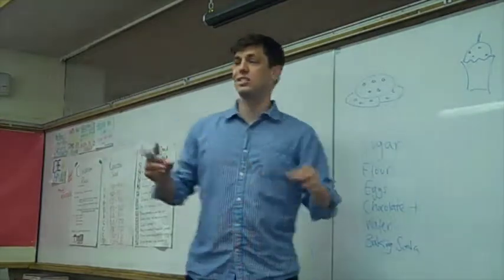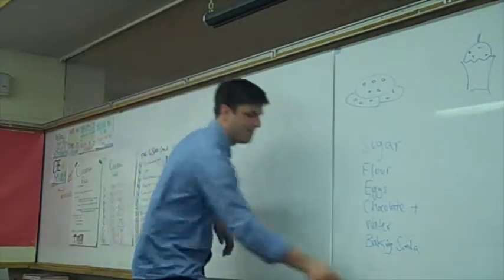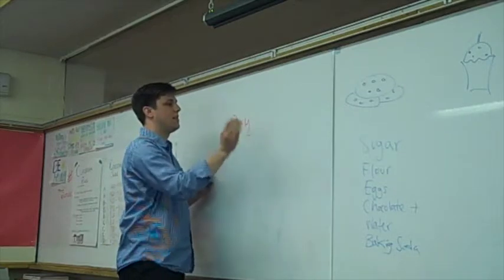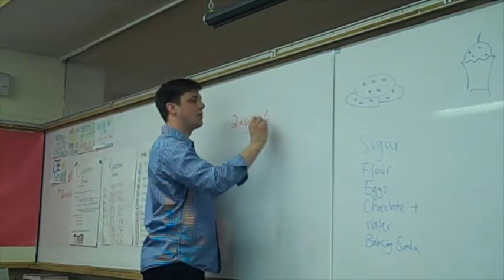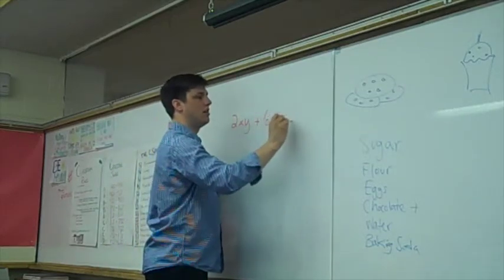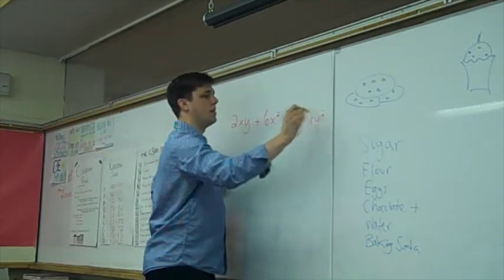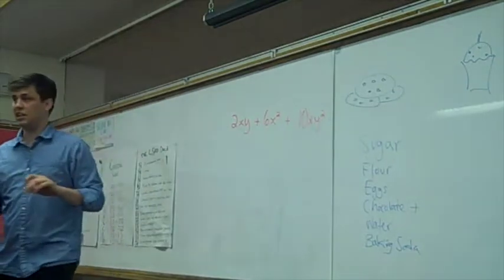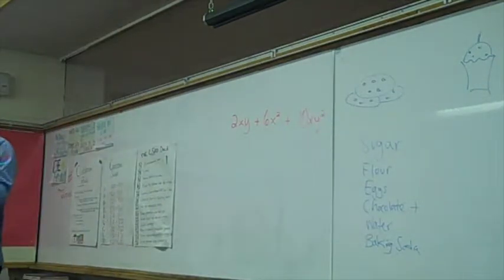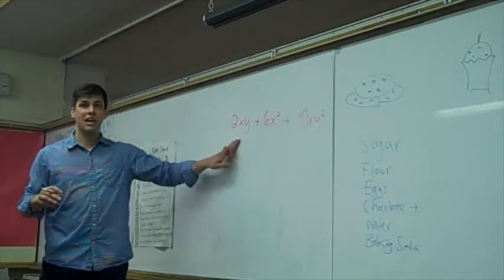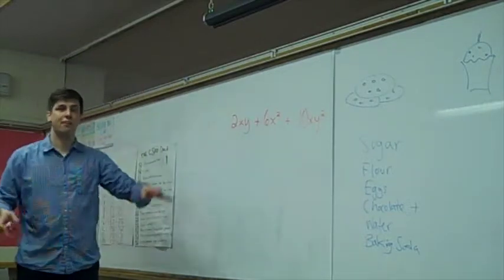And all that goes to say that terms in math can be broken down into their separate ingredients. And to break them down, you need to figure out what's being multiplied and what's being divided. In each of these, you're multiplying a lot of different things in a row.